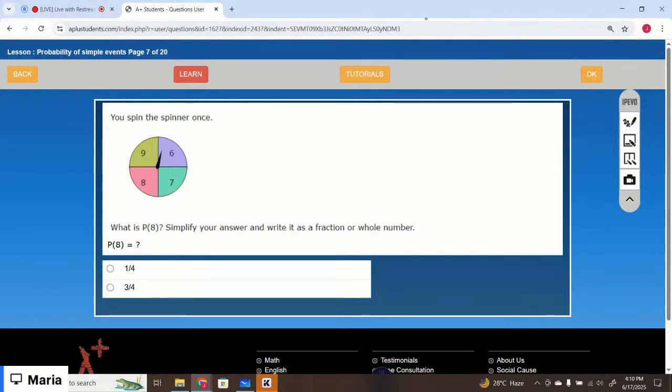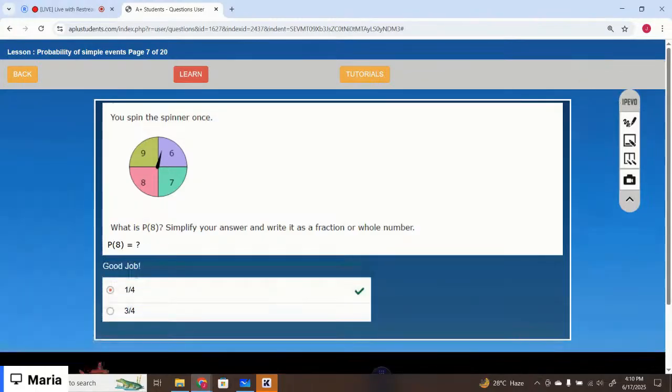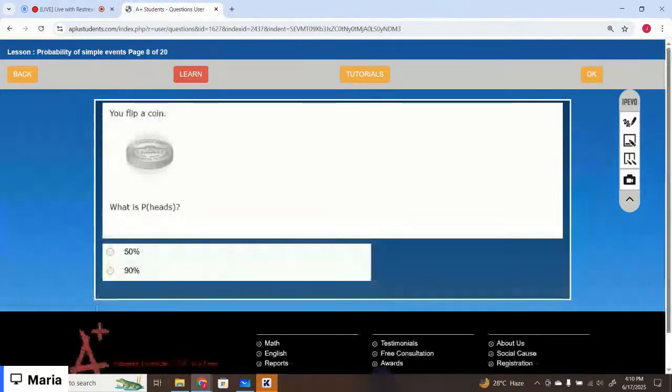That is one, option number one is the correct option. That is one. You flip a coin. What is the probability of heads? That is 50%. Option number one is the correct option.